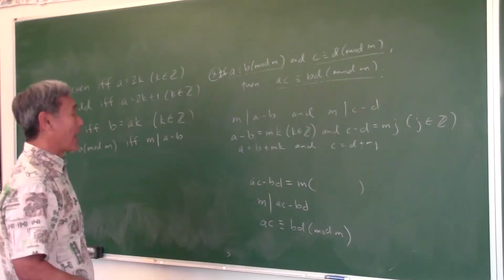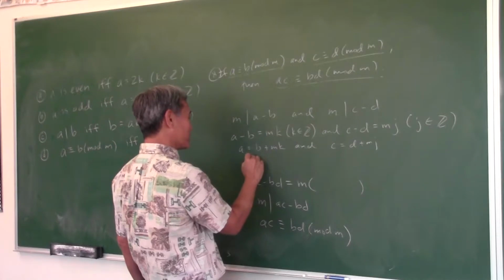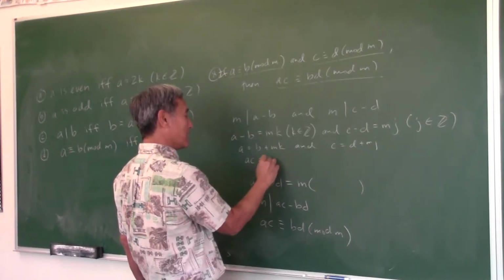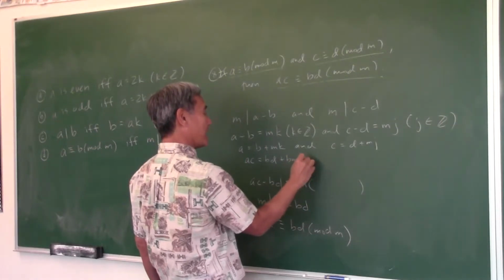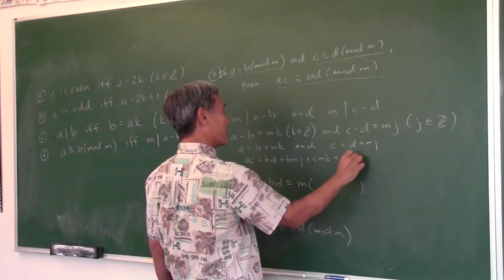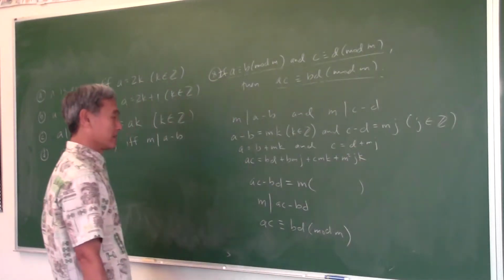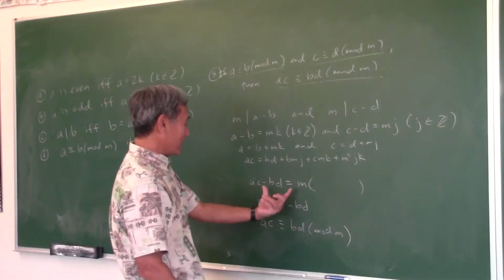All right? And then now multiply the two equations. So if I multiply the two equations, you will get A times C is equal to B times D plus BMJ plus CMK plus M squared JK. Right? I'm assuming we know how to multiply. Now, can we get it in this form over here?